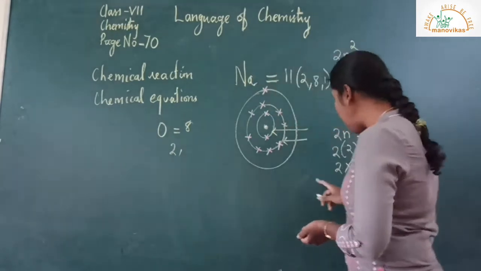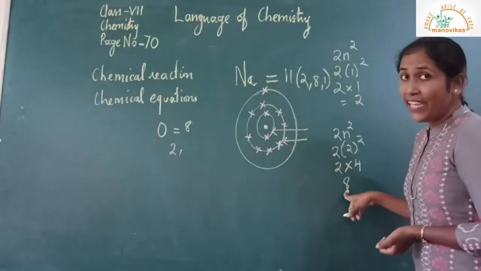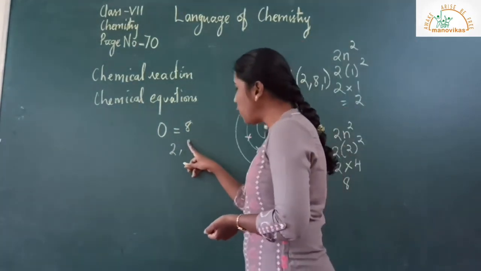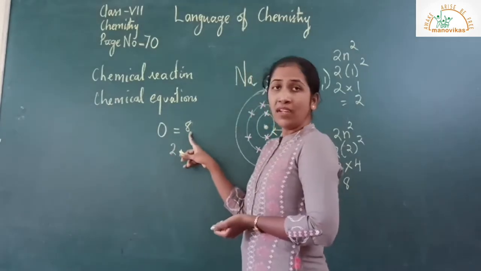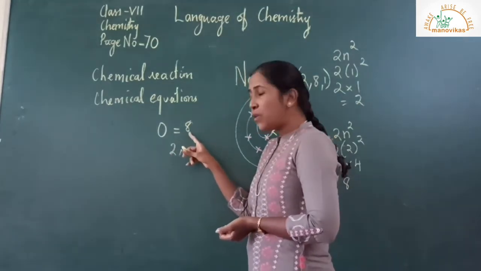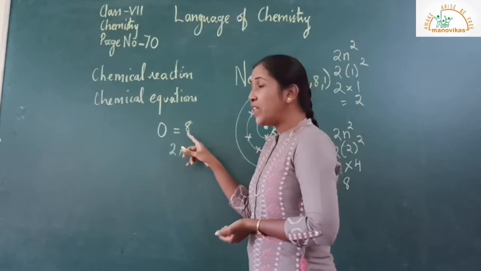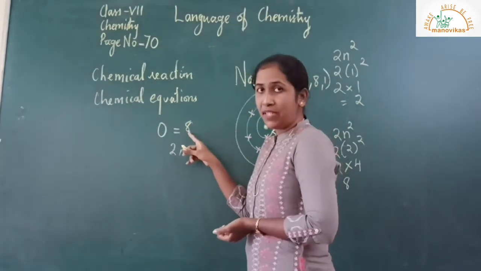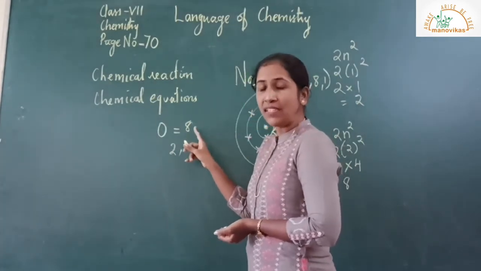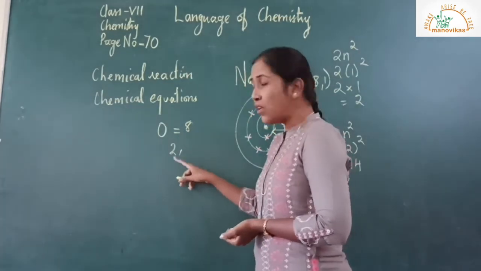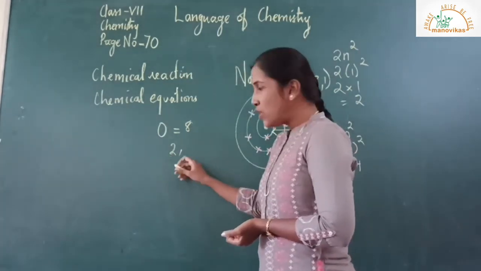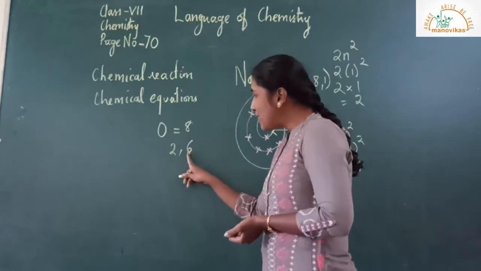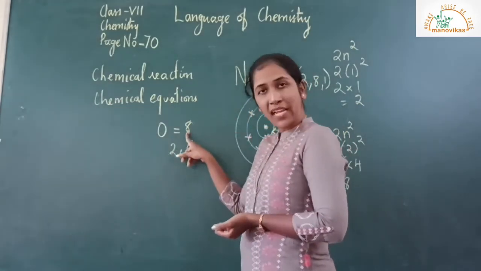In the second shell you can have at the most 8 electrons. Now if you write 8 over here, 8 plus 2 will become 10. But what we need to obtain? We need to get 8 electrons, I mean the atomic number 8. The total is 8. So what I can do over here? I have already written 2. So I can write 6. That is 6 plus 2 becomes 8.